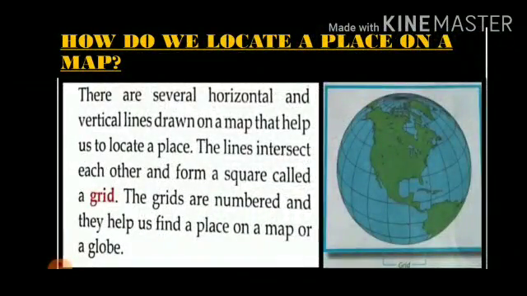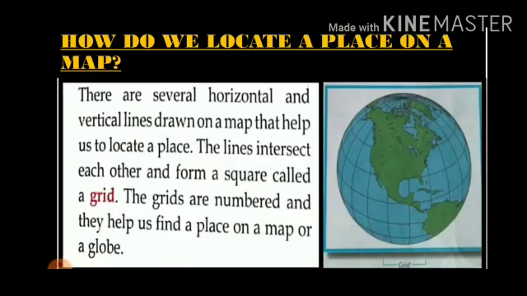Next, how do we locate a place on a map? If we see a map or a globe, we can see there are several horizontal and vertical lines drawn there.